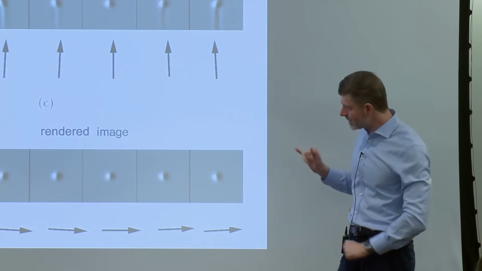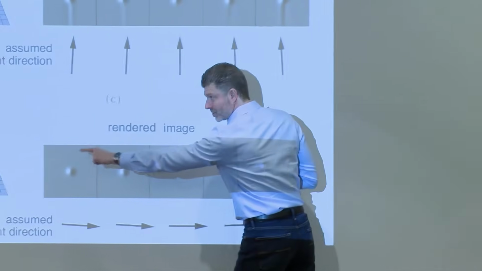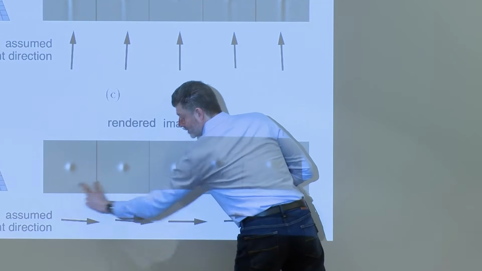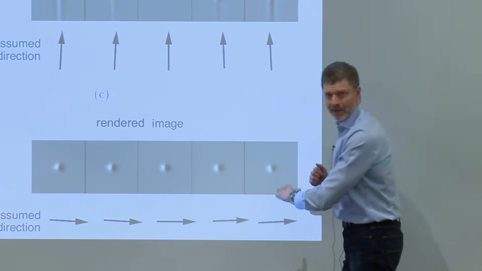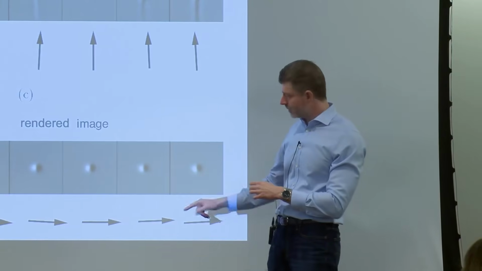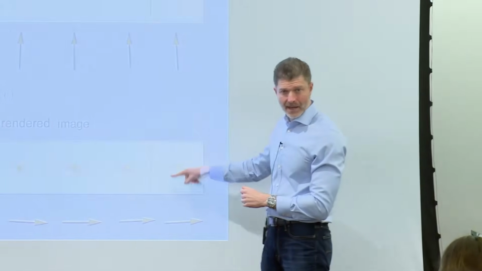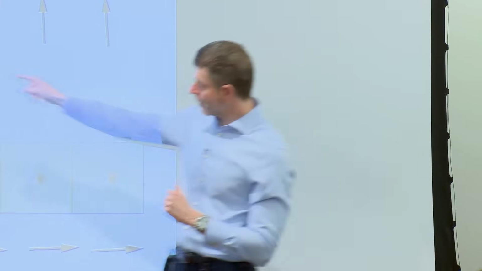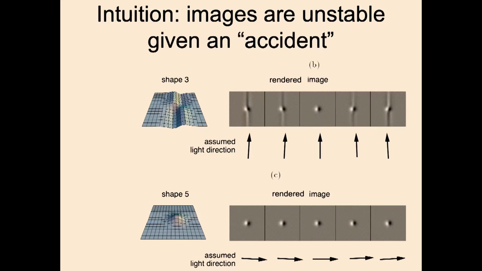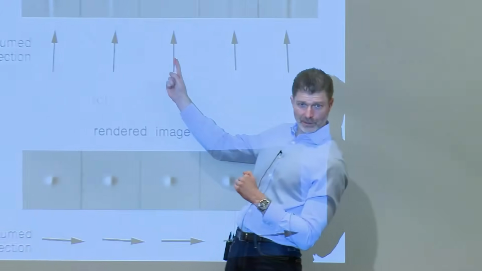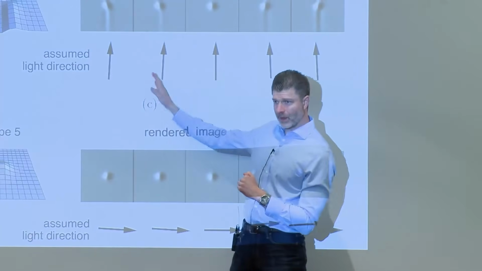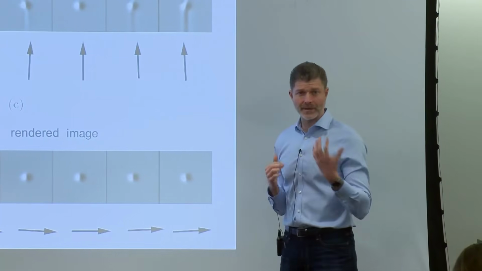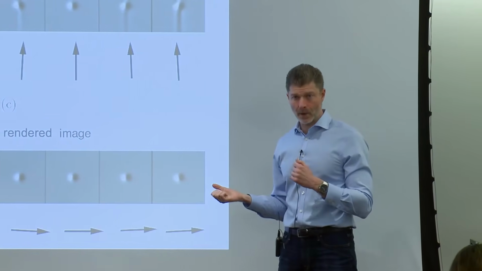So the key idea is that for this shape, you're adding up a bunch of likelihoods that are going to be consistently high, because irrespective of the exact direction of the illumination, you get an image that is pretty close to the observed image. Whereas for the funny shape, the likelihood is only high for this one special direction of illumination. For all other slightly different directions, the rendered image is very different from the observed image, and so the likelihood will be low.